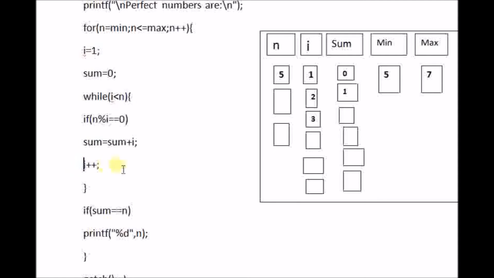The control comes here. I gets incremented by 1. So the new value of I will be 4. Once again the control goes back to the condition of while loop. The new value of I is 4. Is 4 less than 5? Yes, the condition is true.